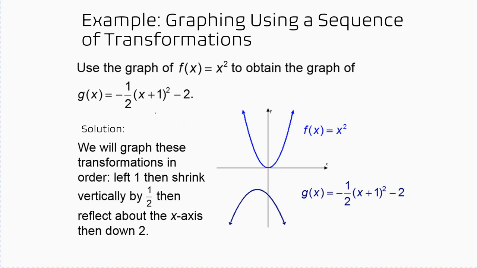Here's x squared. The first thing I'm going to do, you see how I have this x plus 1 inside the parentheses? That tells me I'm going to move to the left 1 unit. So I'm taking my parabola and moving it to the left 1 unit.